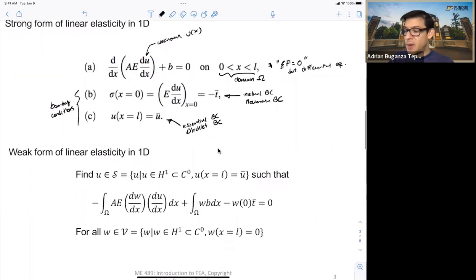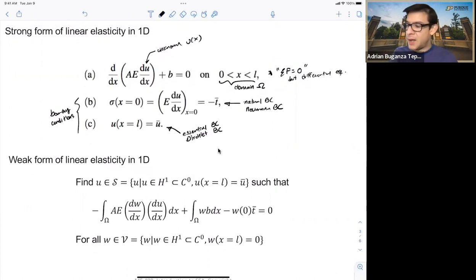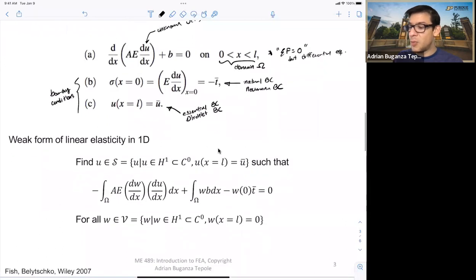So then I showed you, maybe I'll recap it in a sec, or I'll do one extra example at the end to tell you how do we go from the strong form to the weak form. But assuming that you can go back and watch how I did that in the previous lecture, what you end up with is a weak form which says find u, this is still the function u of x, so it's our same unknown. There's a little bit more math notation here.